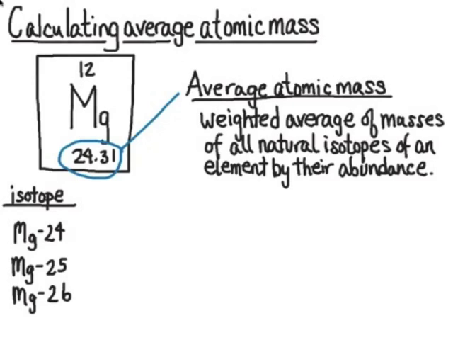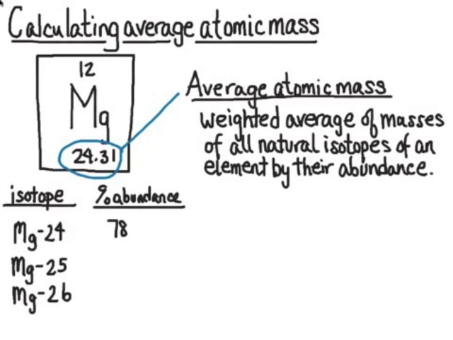And then I'm going to determine the abundance of each. Then I'm going to proportion my average so that I'm looking at an overall sample and saying, okay, there's so much of that that's 24, so much that's 25, so much that's 26, to give me an average that's weighted so that the average takes into account the fact that there might be more of one isotope in a sample than the others.